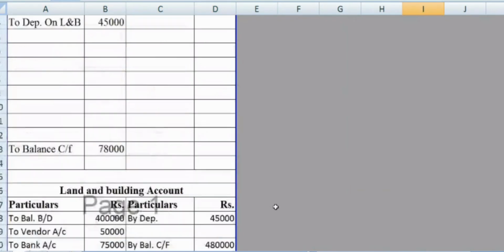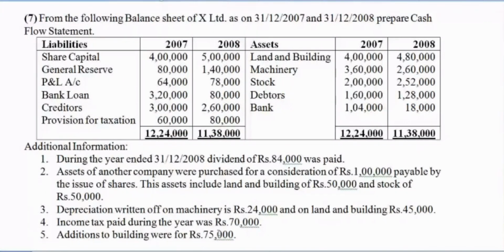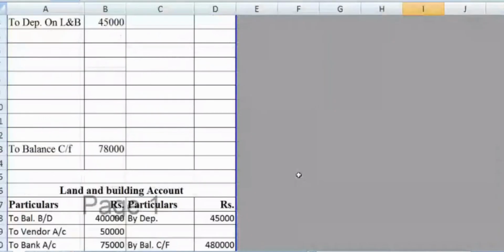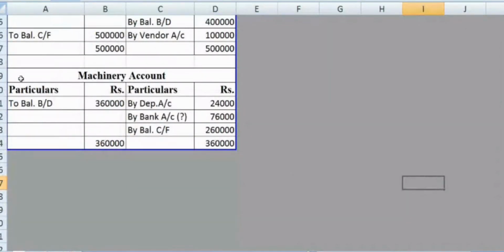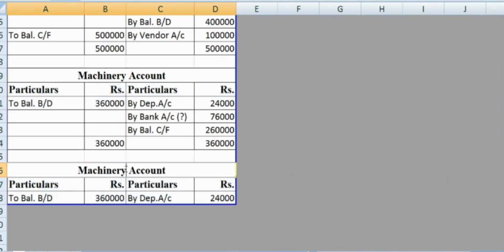Next account, which one is asked? Income tax paid during the year 70,000 and provision for taxation is given 60 and 80. So let's prepare one more account, that is the provision for taxation account.